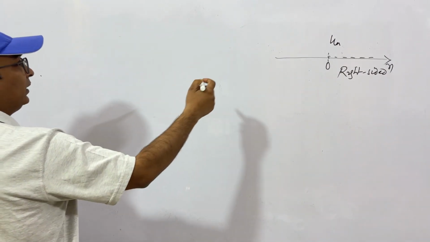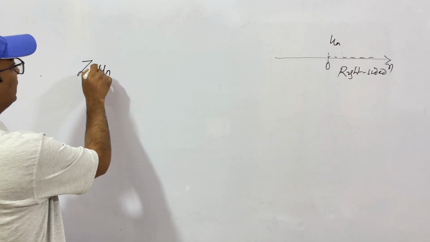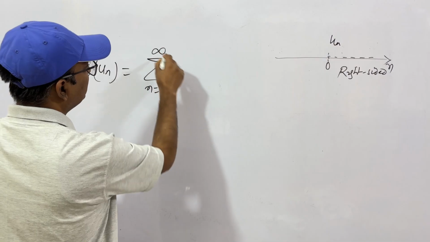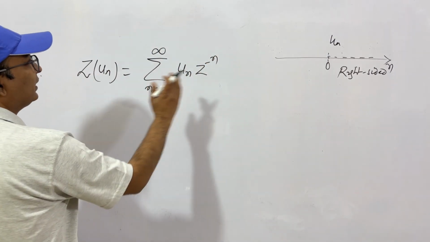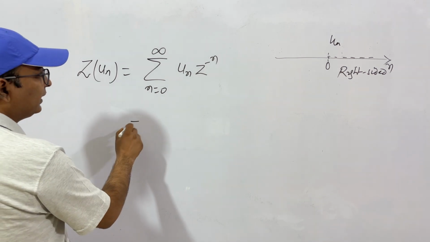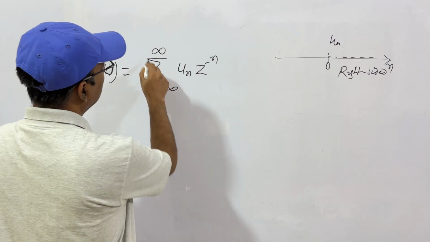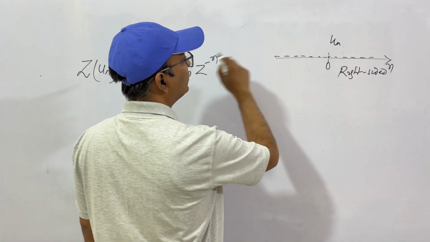I told you we have seen the Z transform of un as the sum from n equal to 0 to infinity of un z to the power minus n. This is only a right sided description of the sequence. We can have this from minus infinity to infinity, that is the left side also.